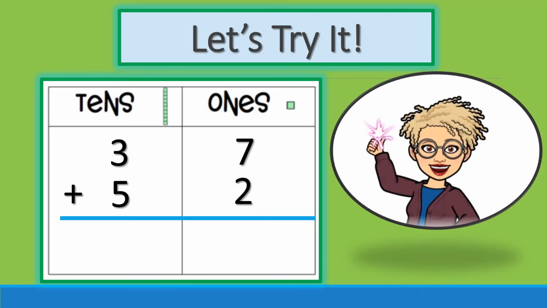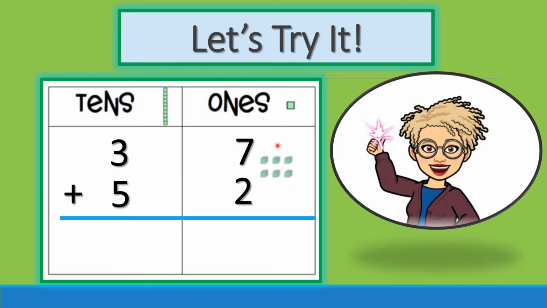When we look a bit deeper into this equation, we understand that we're adding 37 plus 52. When we place the numbers into their place values, we understand from the suggestion of our song that we always add the ones first. In this case, that means we are adding 7 plus 2.